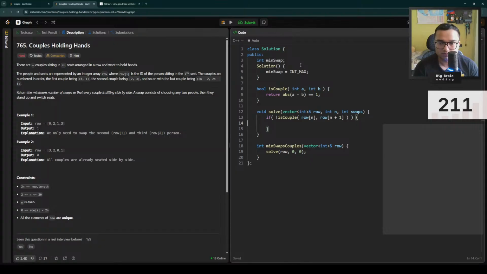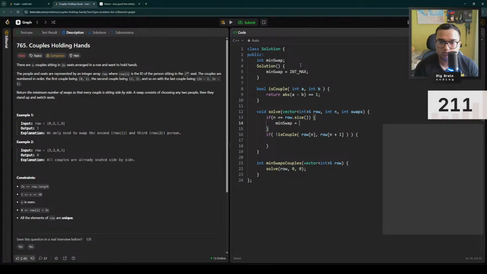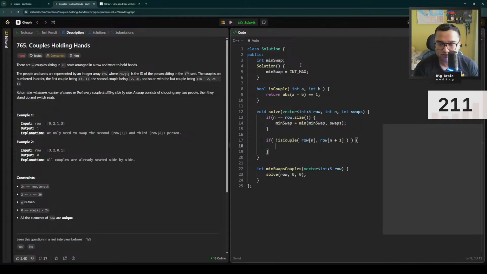If they are not a couple, then there are two options, right? If n equals row dot size, min swap equals min of min swap and swaps. If they are not a couple, I have two options to switch nth person, to swap nth person, or n plus 1th person.